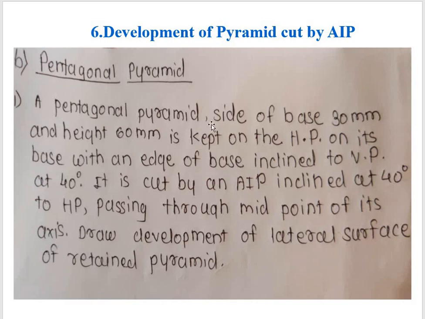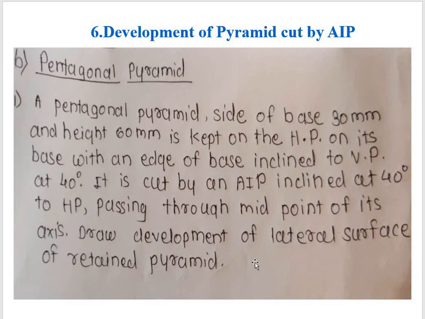A pentagonal pyramid, side of base 30 mm and height 60 mm, is kept on HP on its base with an edge of the base inclined to VP at 40 degree. It is cut by an AIP inclined at 40 degree to HP passing through the midpoint of its axis. Draw the development of the lateral surface of the retained pyramid, okay friends.